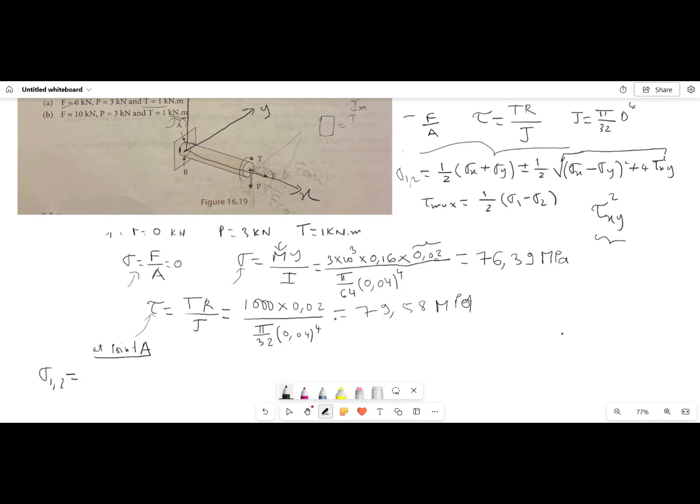The tensile force will be moving in the X direction. That's the reason we call the bending stress we solved here rho X, because it also creates a direct stress going in the X direction.